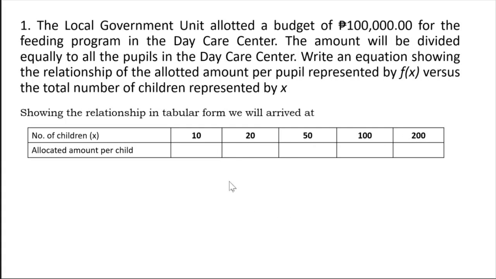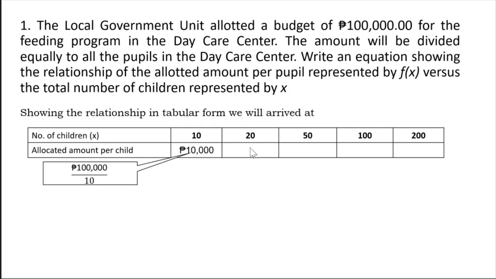If we have 10 children, ano ba yung allocated amount per child? Of course, we have to divide 100,000 by 10 children. So 100,000 divided by 10, the answer is 10,000 pesos.